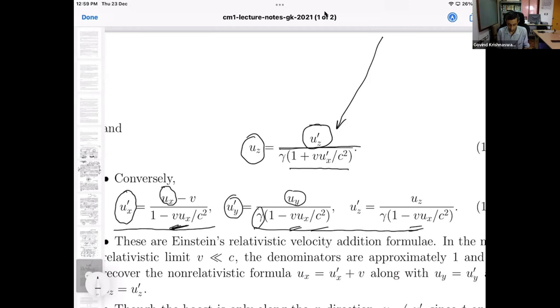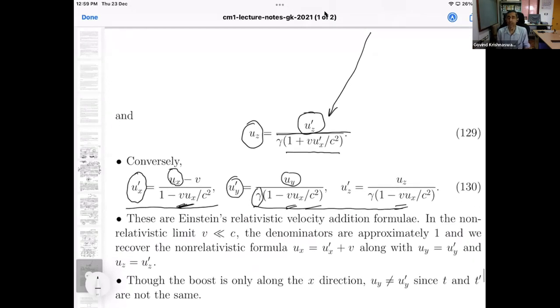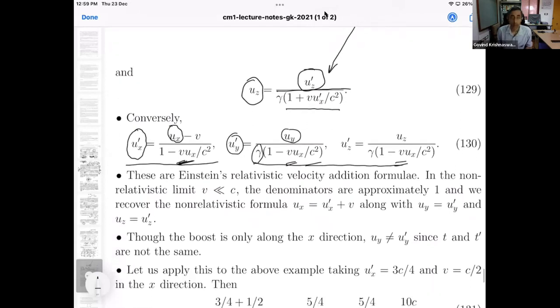All right, so this derivation is straightforward, just that one has to write the formula and keep the definitions in one's mind carefully. If you go through it carefully, you will get this result. There is nothing deep or difficult about it. So these are Einstein's relativistic velocity addition formulae.